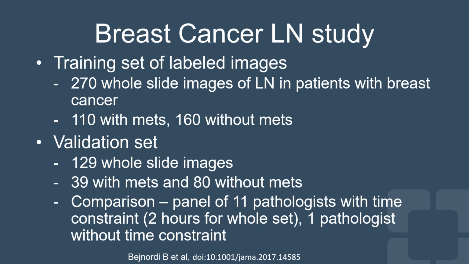And then they compared the performance of the algorithms that had been trained on the training data set with a panel of 11 pathologists. And the pathologists had time constraints, so they had to mimic real world conditions, and they had 2 hours to read the whole data set. Or they had one pathologist who could take as long as they needed to view the data set.